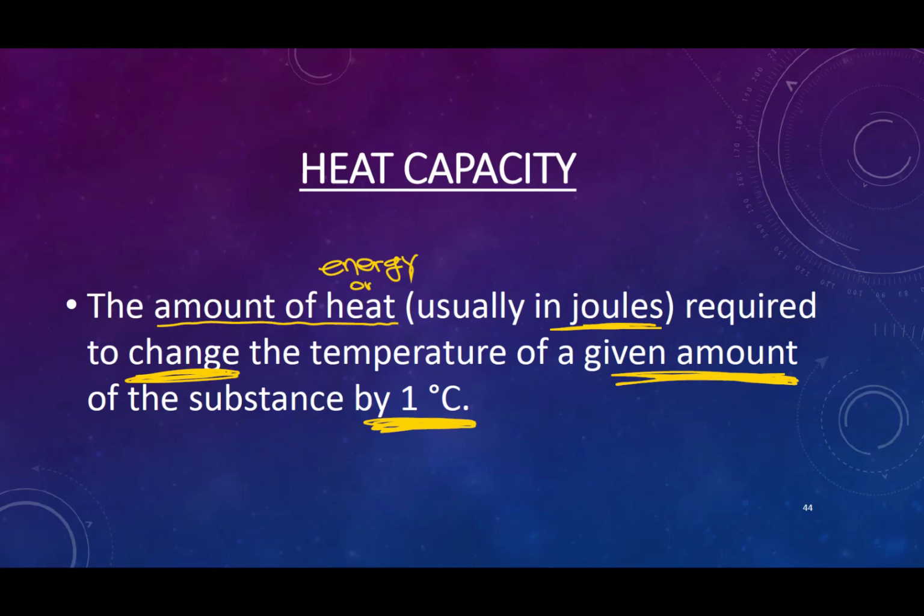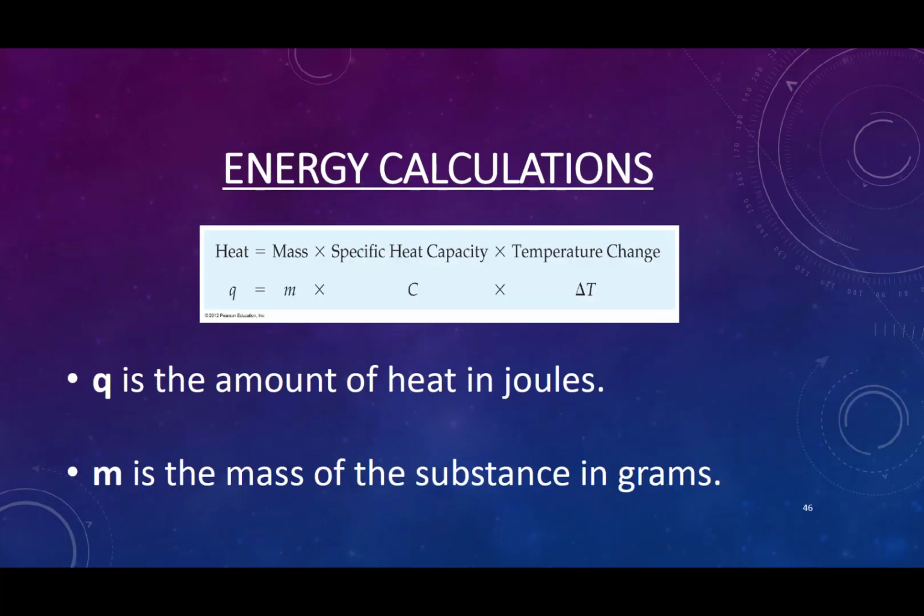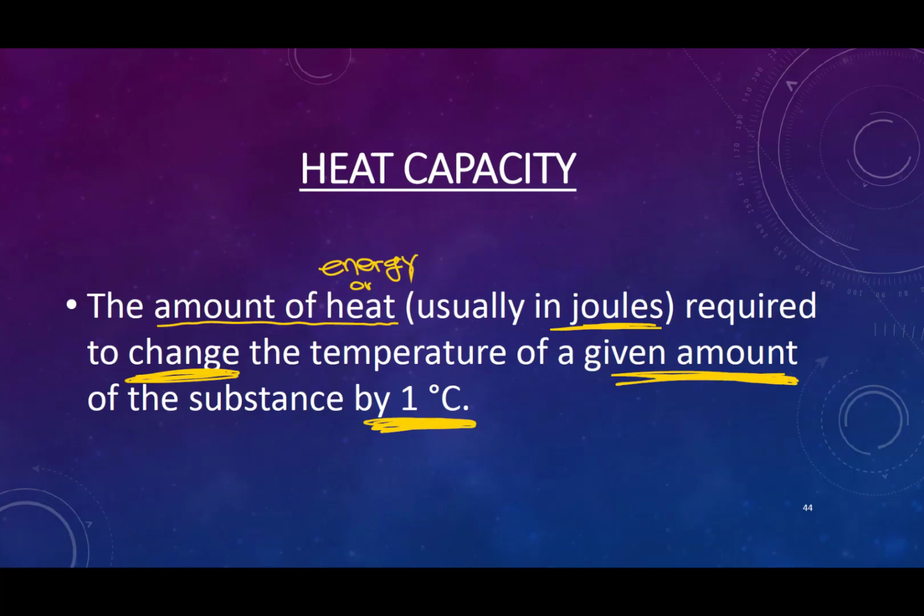Now, what's the definition of specific heat capacity? The names are very similar. One is heat capacity, the other is specific heat capacity. Specific heat capacity is when we give a unit of grams to that amount. For heat capacity, we just said a given amount of substance.